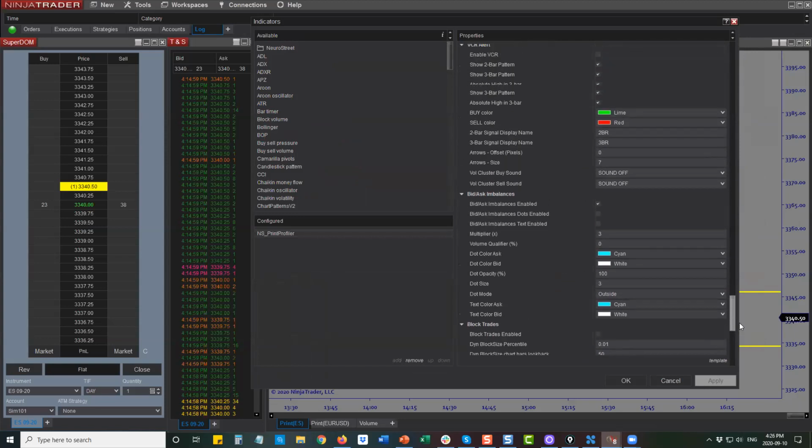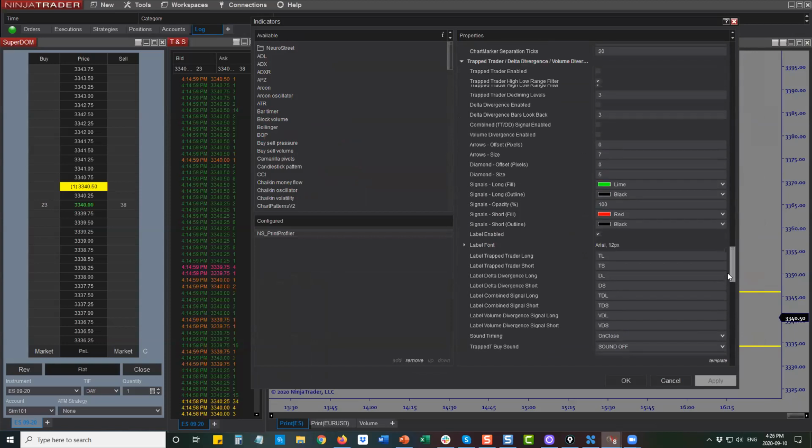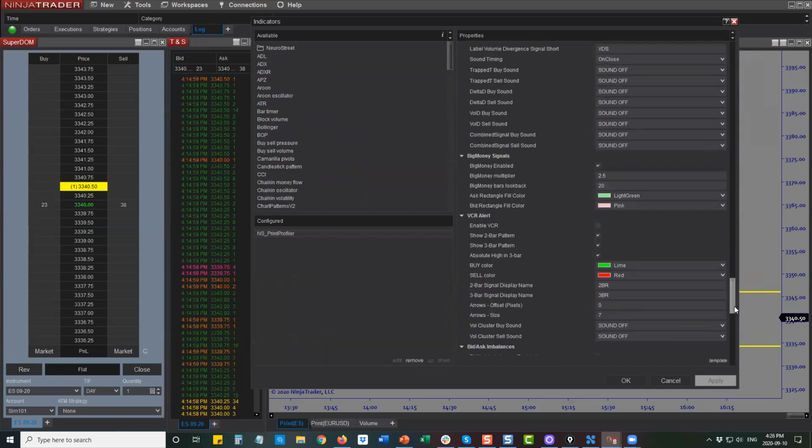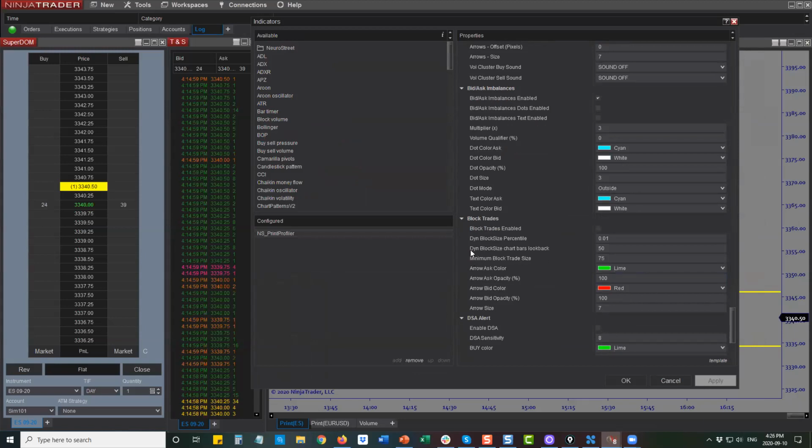We'll find it here. Bear with me, this is a pretty heavy application. Here it is. Right here, we set to 50 contracts. Dynamic block chart size bars, look back, 50 bars. Block trade size, 75.